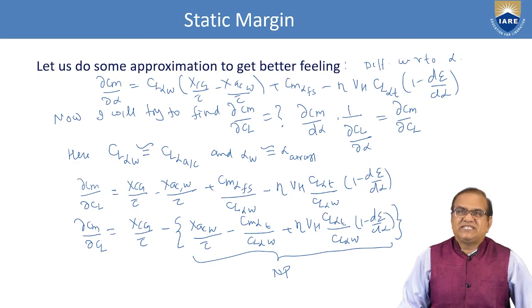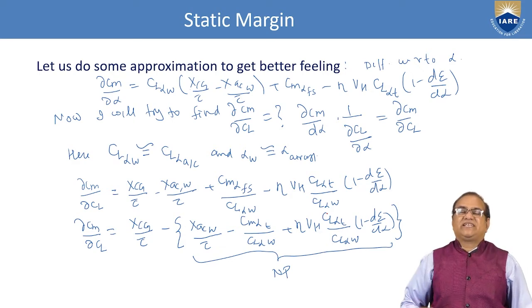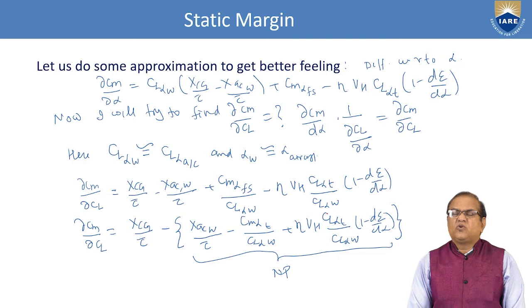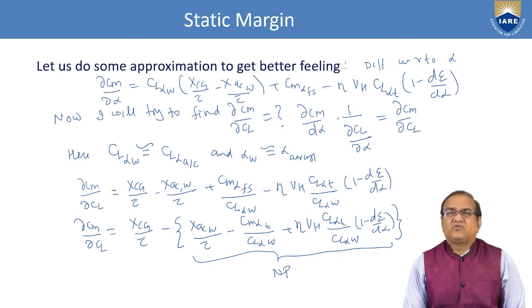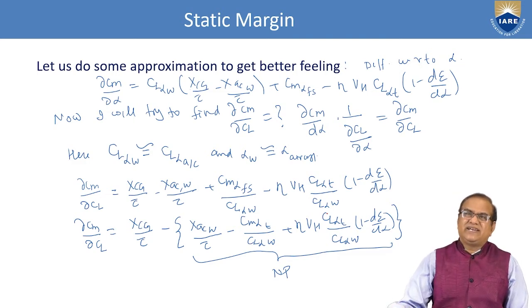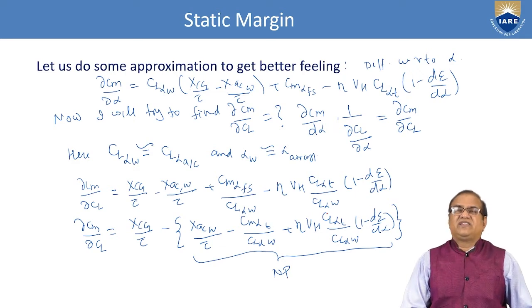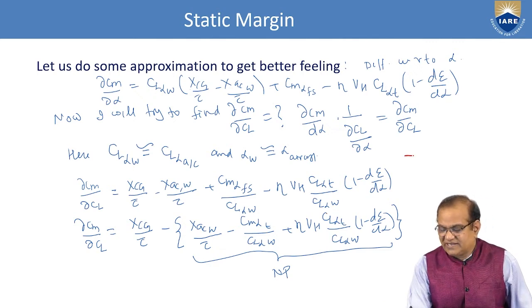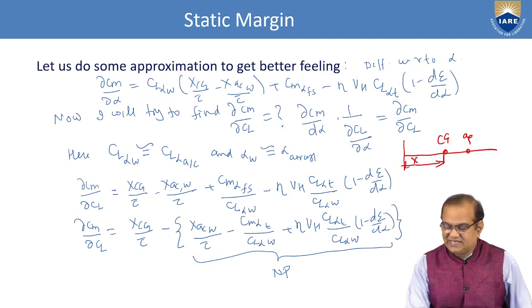Now the next point is we have to find out the static margin. What is the static margin and why do we need to understand it? Static margin is the difference between the CG and the AC, or the neutral point, of the wing. If this is the CG and there is the AC, from here to here it is called XCG, and this is called XAC.